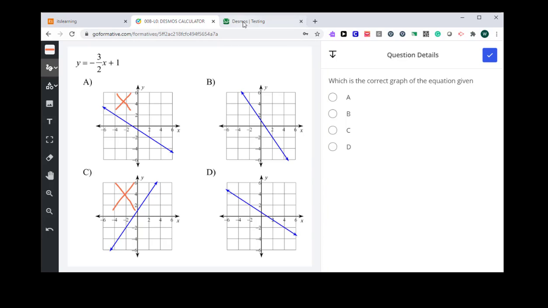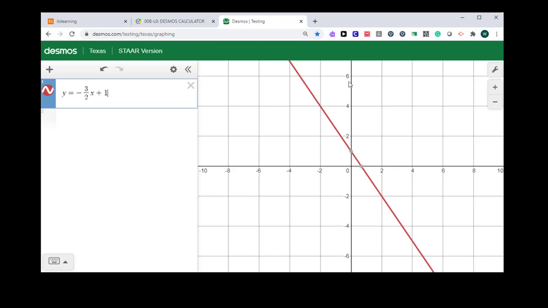So I'm going to have to take a closer look at my graph here and let's look at the slope. The slope here, if you remember, here's a good point and here's a good point, and I go down 1, 2, 3, and I run 2 to the right. So down 3, 2 to the right, which is the slope, -3 over 2.